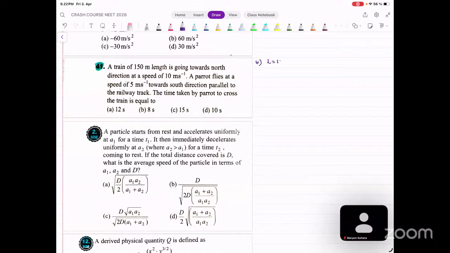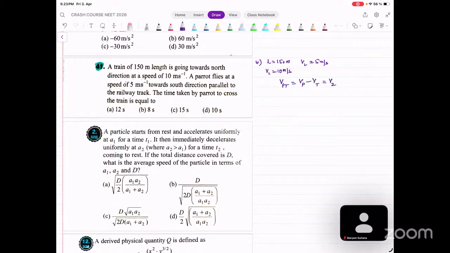L is equal to 150 meters and it is moving with a speed, that means v1. v1 is equal to 10 meter per second. And the parrot is flying, that means velocity of parrot I'm taking as v2. v2 is equal to 5 meter per second, but they are in the opposite direction. So I can say that relative velocity of the parrot with respect to train is equal to velocity of parrot minus velocity of train.